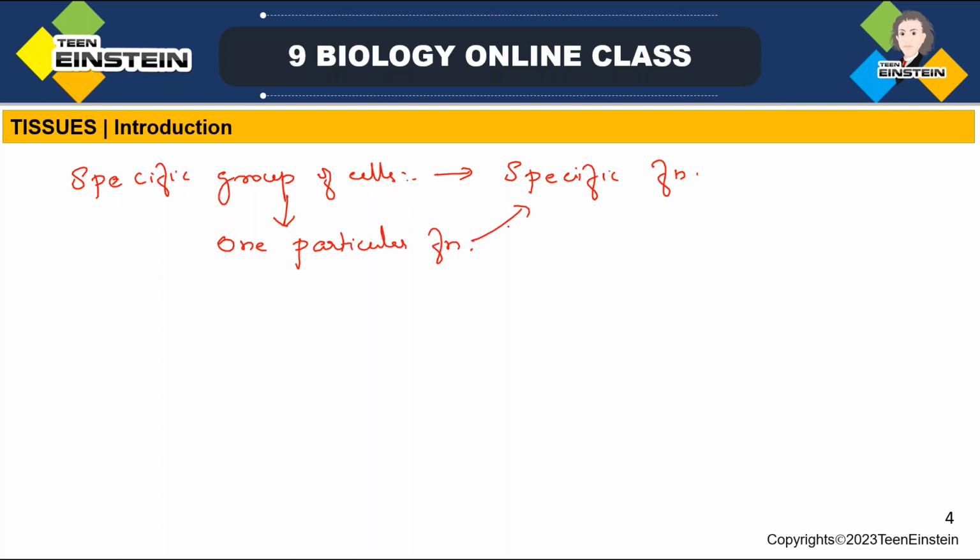Specific function in the sense that one particular function is carried out by one group of cells, or they are performing only one type of function.